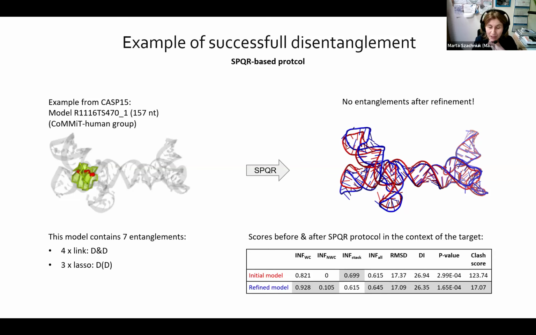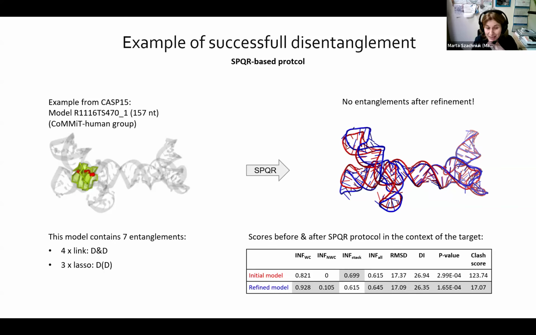evaluate our model. So here is an example, again, of a model that was submitted to one of the CASP challenges. The model contains 7 entanglements of different types, so 4 links and 3 lassos, and we tried to disentangle them using this SPQR procedure.